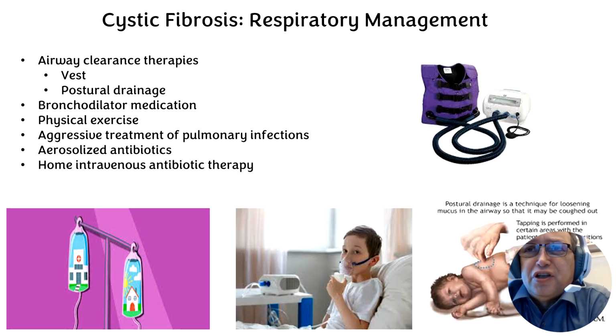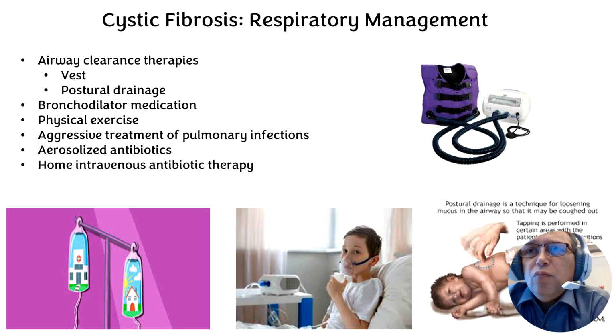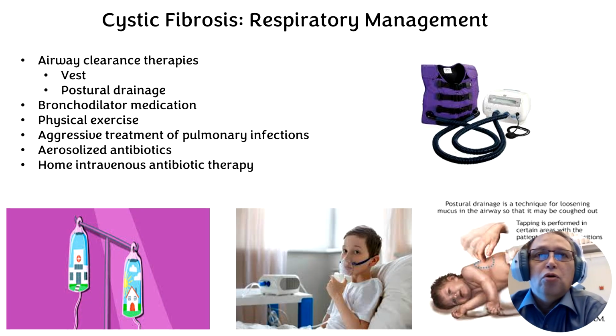This was actually something discovered by a mother who refused to let her child die. And because of this, we were able to extend the life of cystic fibrosis patients. Cystic fibrosis is aggressive, and it does require a lot of effort, medications, exercise, and humidity.